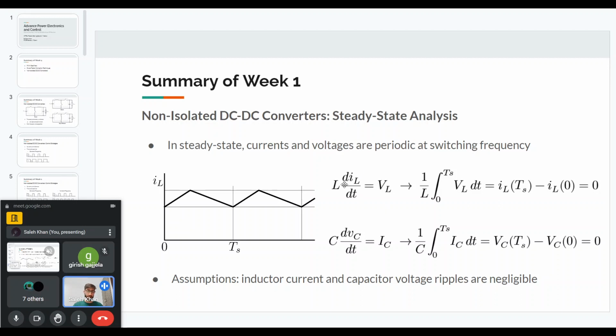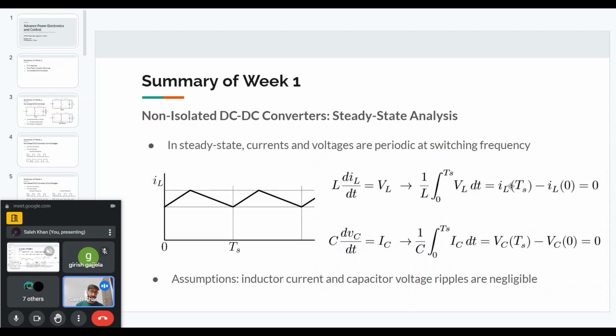Now I can write this in terms of the integral of the voltage across the inductor. Basically, 1 by L times the integral of the inductor voltage from 0 to Ts is equal to the inductor current at time Ts minus the inductor current at time 0. I just rearranged and integrated to get this equation.